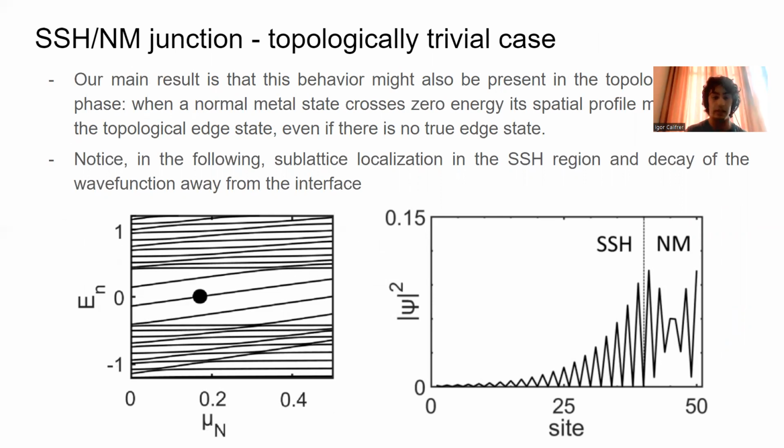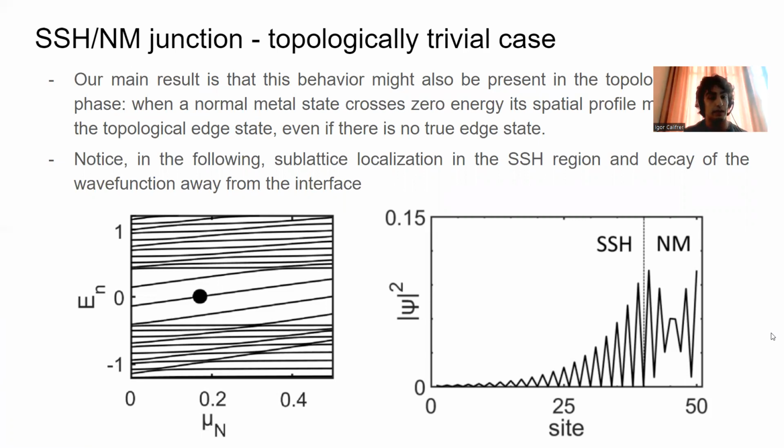Here is a plot of the energy versus the chemical potential of the metal. I've marked the point where this state crosses zero energy, and this other plot is the spatial profile of the wave function of this state. You see that it is localized on the odd sites this time, but that it decays into the bulk starting from the interface between the SSH and the normal metal.